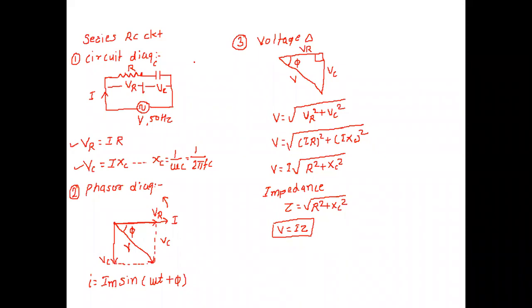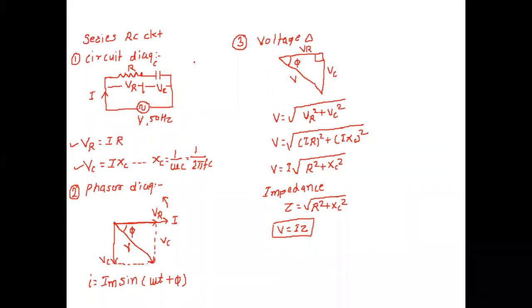Now the third part of this derivation is the voltage triangle. Once again, we consider the same triangle with the horizontal line representing VR, the vertical line representing VC, and the hypotenuse representing V. So according to this triangle, we can write the formula for applied voltage. V is equal to the square root of VR square plus VC square.